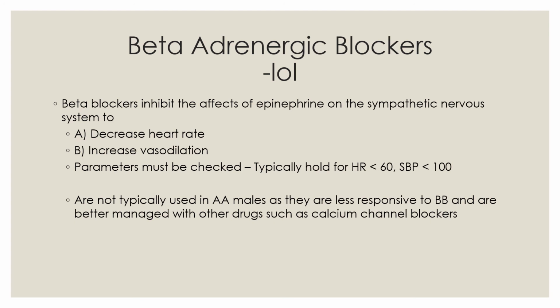Because if we start them off on beta blockers and we're not treating them effectively, then they could have a stroke or an MI or cardiac dysfunction, or other problems. So it's just really important to understand that.